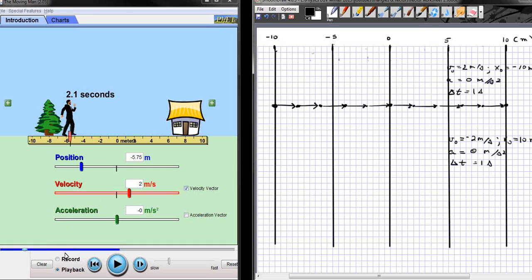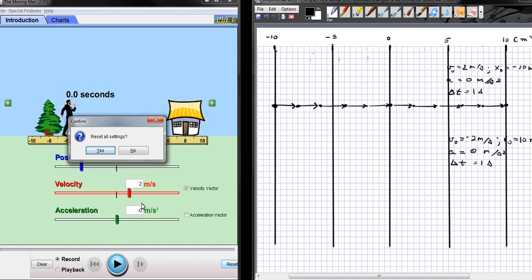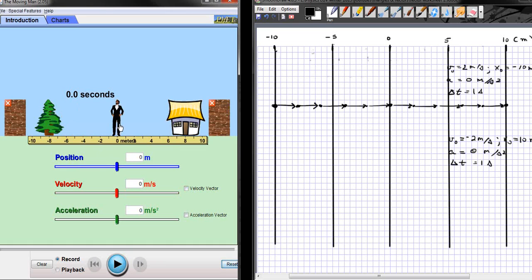So what I can also do is, let's clear this, and we're going to now set him at 10. Okay, so he's at 10.